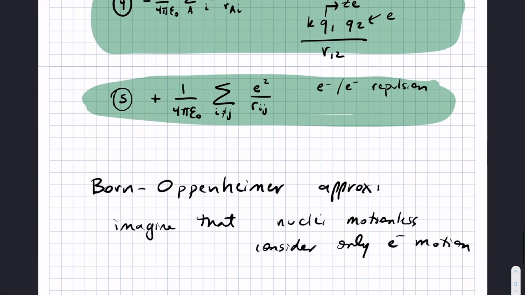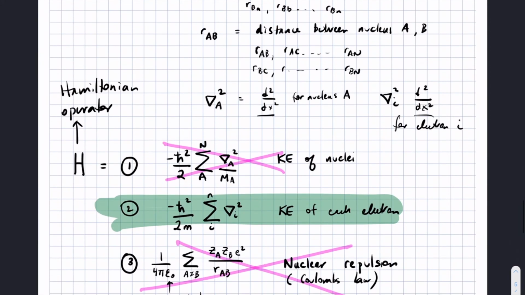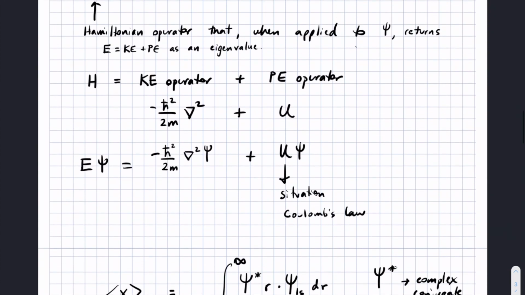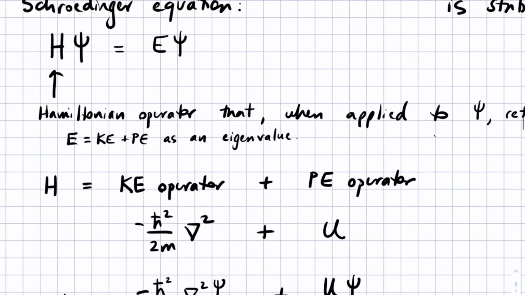Okay. All right. So that's our simplified Hamiltonian. And as I told you, what we're going to do is try to find wave functions that are solutions to that Hamiltonian.